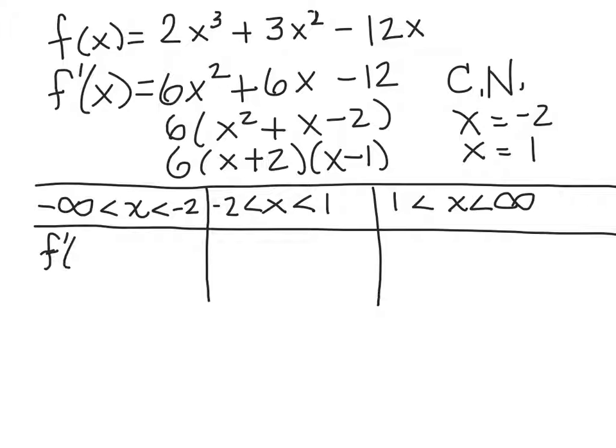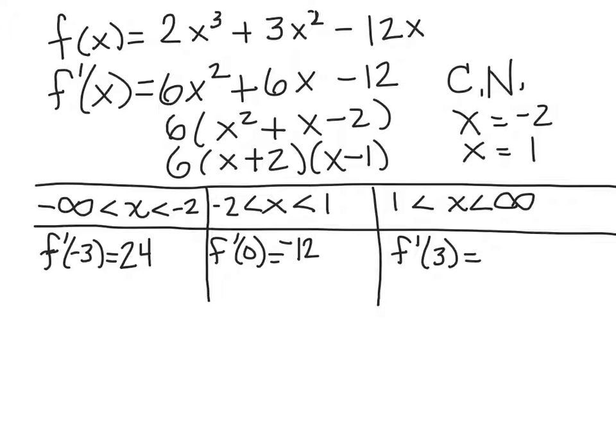So I'm going to just pick some numbers within the intervals, and I will substitute them in. I'm not going to work out the math for you. I'm just going to say that this is what they are. I have worked out the math. The answer to this is 24. This is negative 12. And this is positive 60.